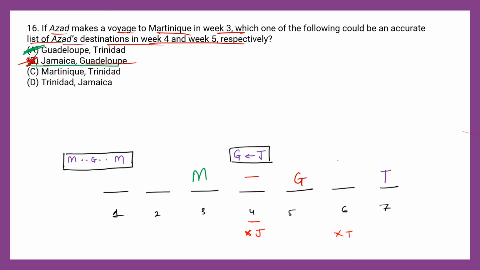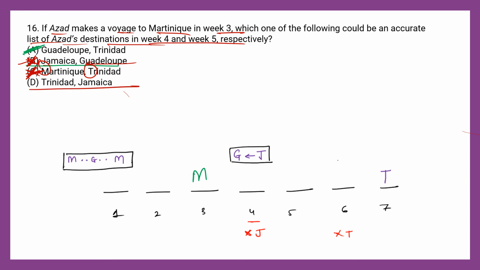Let us look at the next option, C. It says M and T. When I put M and T here, you realize that you have two consecutive M's, and that is not allowed. So C is not the answer.